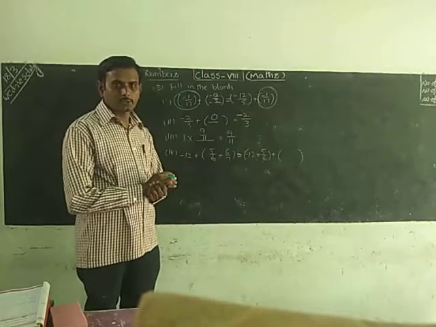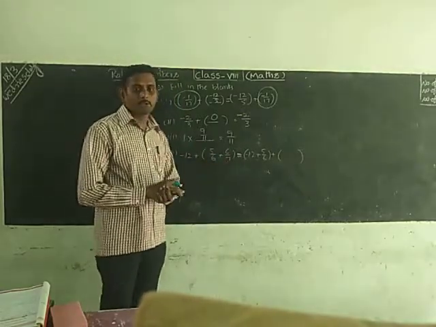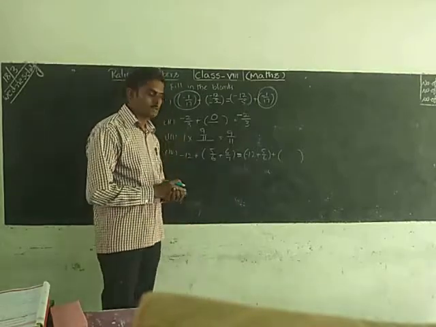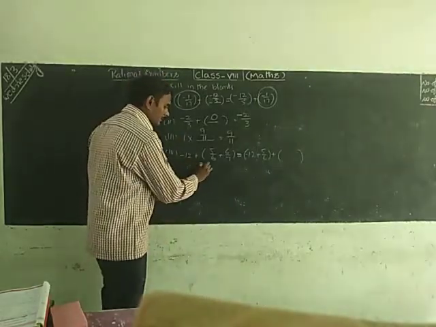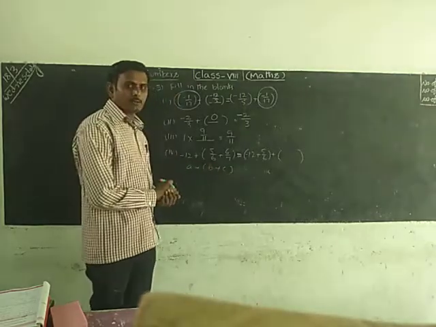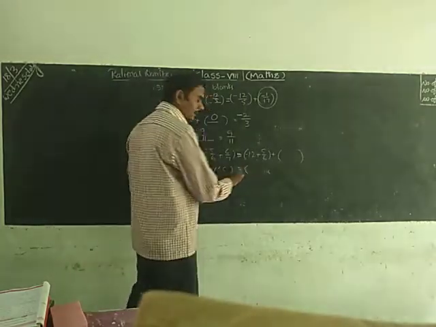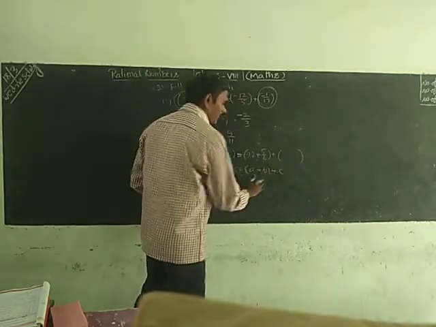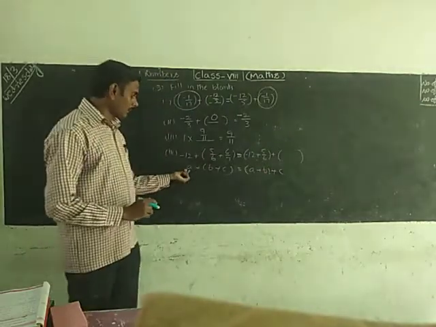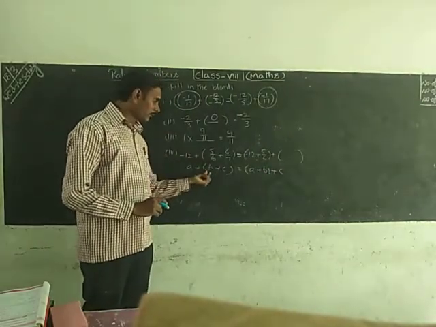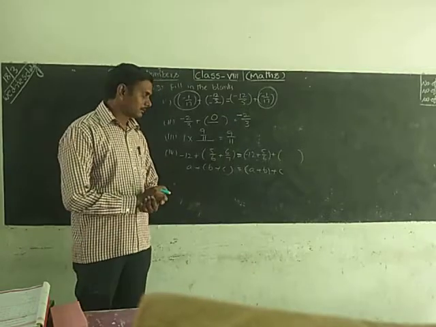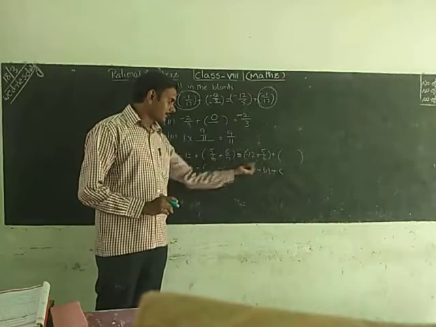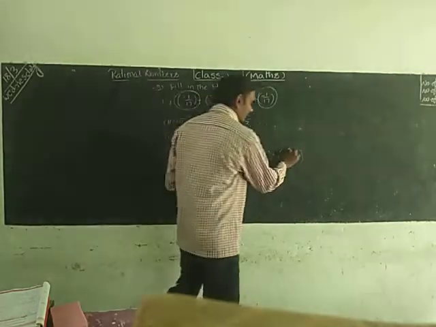Whenever three numbers are given with addition or multiplication, that is the associative property. It is in the form A plus B plus C. A value is minus 12, B value 5 by 6, and C value 6 by 7. Fill with 6 by 7.